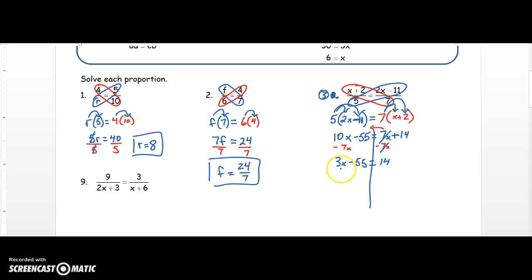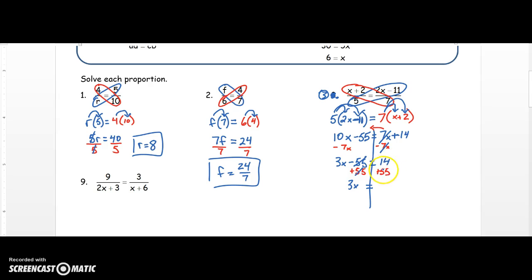Next, the variable still is not by itself yet, so you have to get rid of the negative 55. What is the opposite of negative 55? Positive 55. So we are going to add 55 on both sides of the equation. So you get 3x equals, negative 55 and positive 55 cancel each other out.